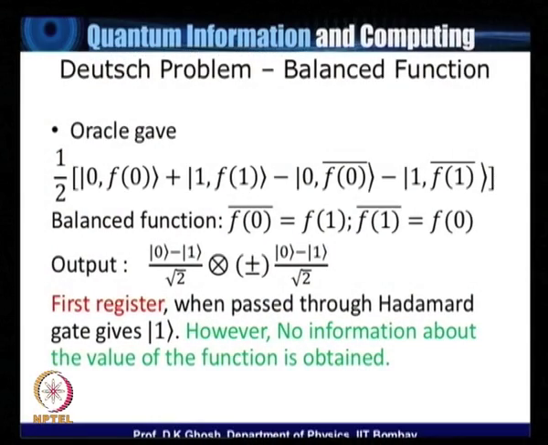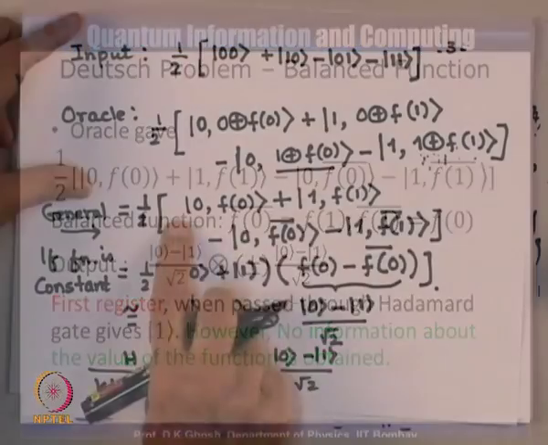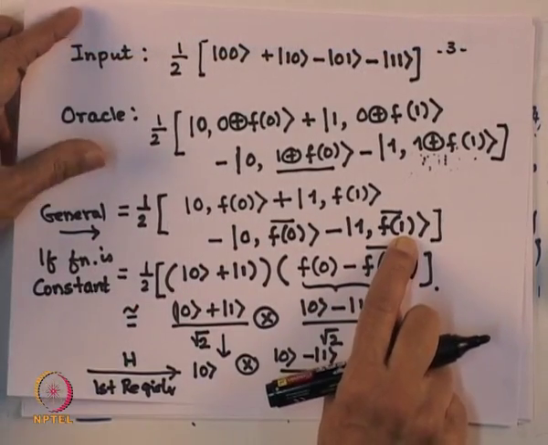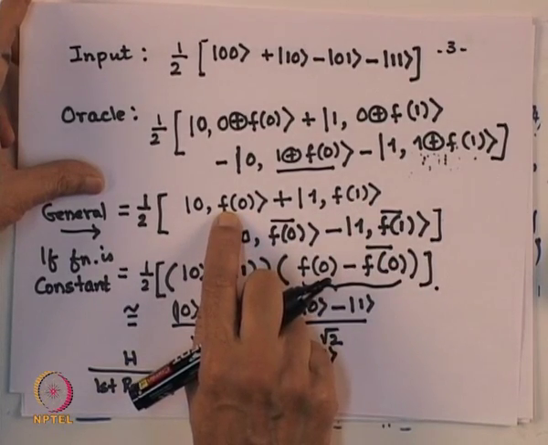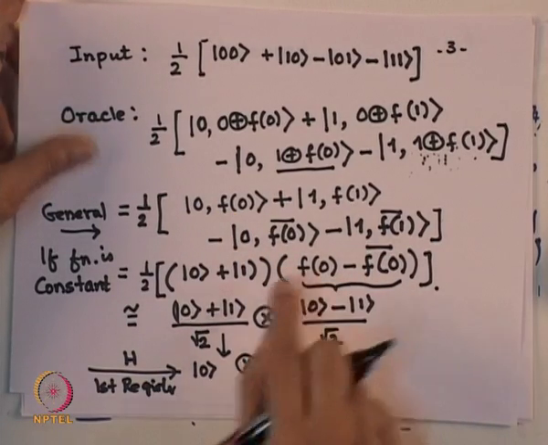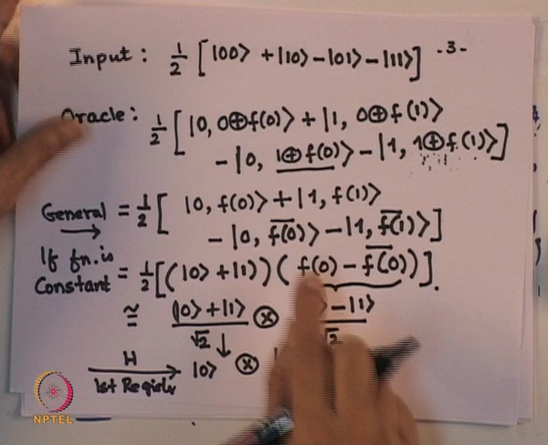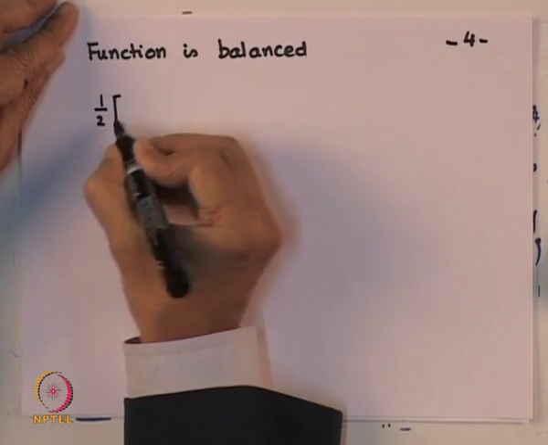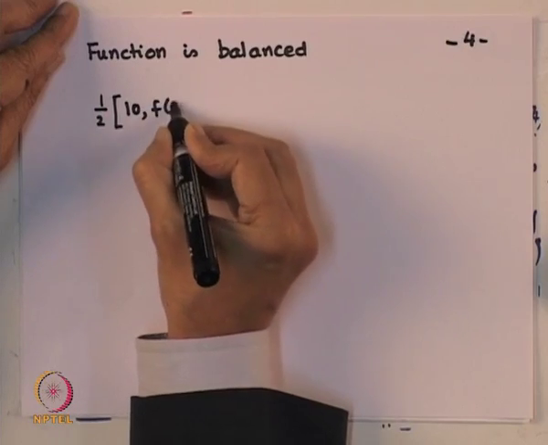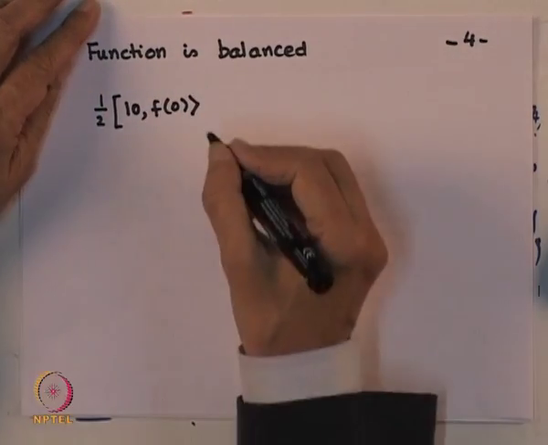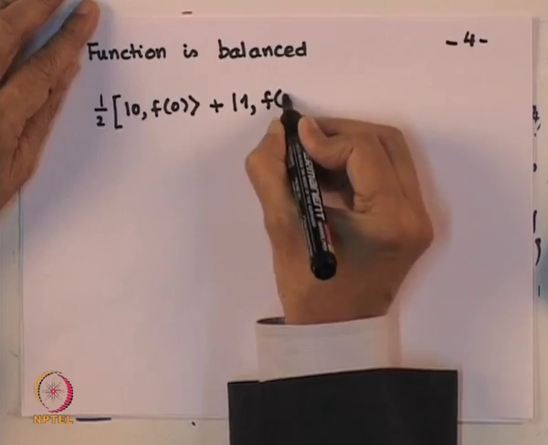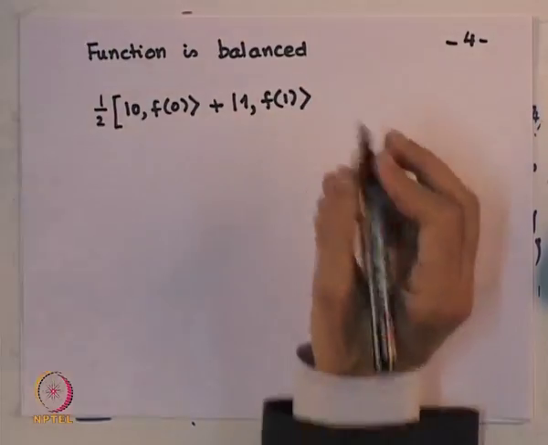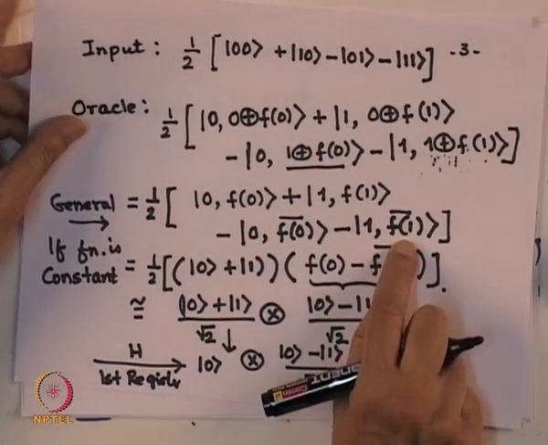So look at what the function gives us if it is balanced. Just referring back to my general expression, I had this expression there. Now if it is balanced, then f1 is the same as f0 bar and vice versa. So therefore, I can write this as half, 0 f0 plus 1 f1, the first two terms I have not changed, they are the same as what is written here.